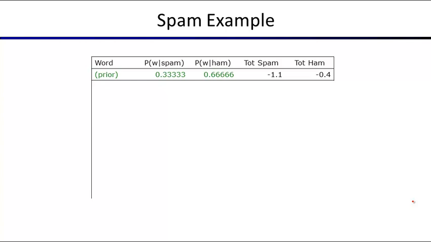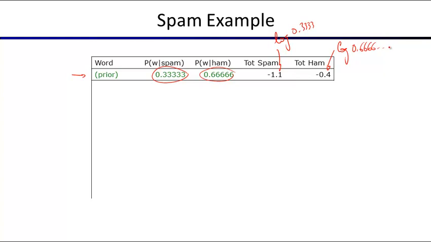Well, the prior says 33% spam, 66% ham. What we often do to make this computationally practical is, instead of the product of the probabilities, we'll take the logs. So this thing here is the log of 0.33333. This one here is the log of 0.6666, and so forth.